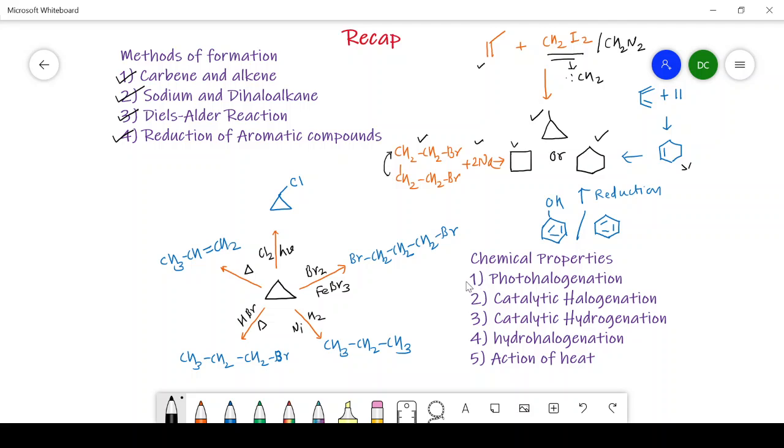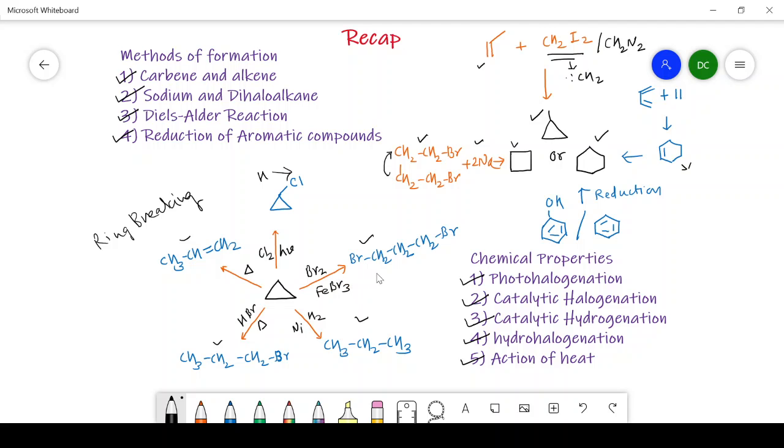Now, in the chemical properties, we have studied photohalogenation, catalytic halogenation, catalytic hydrogenation, hydrohalogenation, and action of heat. All these reactions are summarized in this picture, in which you can see here, in photohalogenation there is a replacement of hydrogen by Cl, whereas all other reactions involve a breaking of ring, that is ring breaking occurs with the formation of corresponding product.